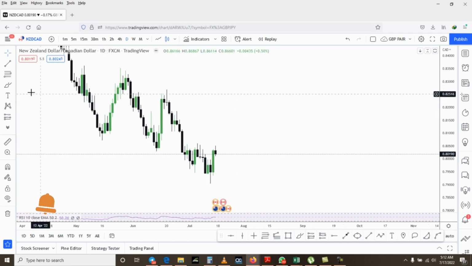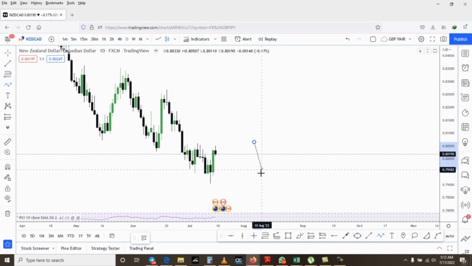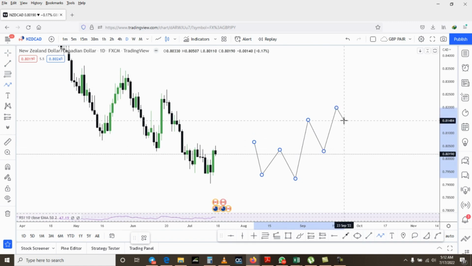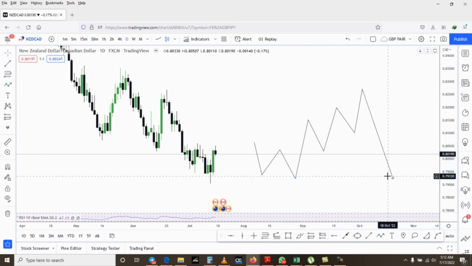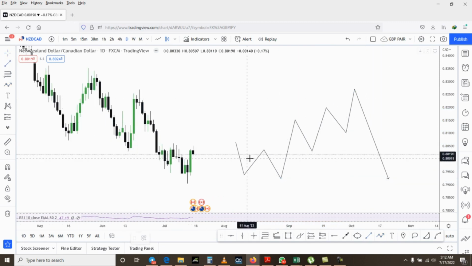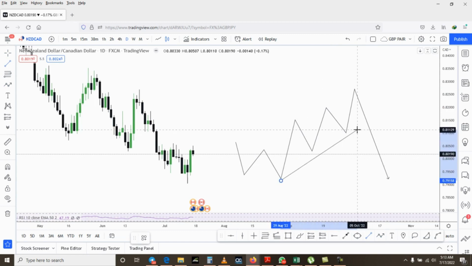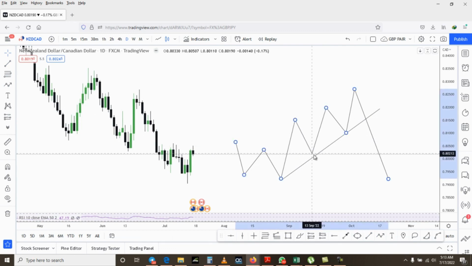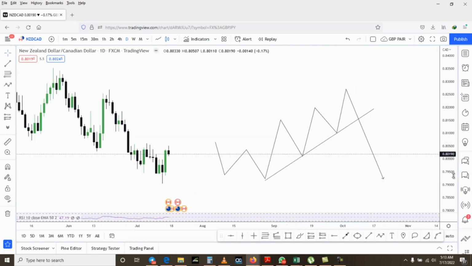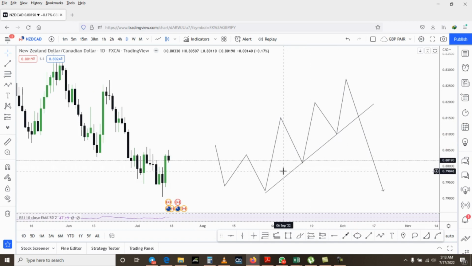So let's say we have price moving bullish, coming up, up and down. This is what we likely have. These are the only two possibilities when it comes to trend lines.